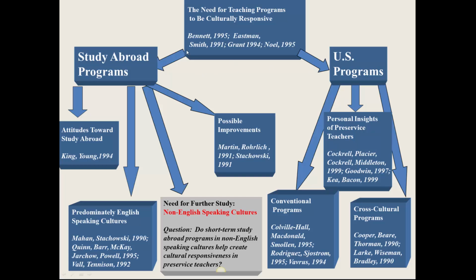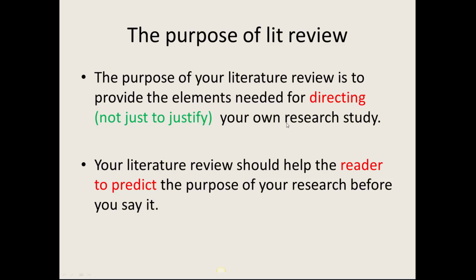These are the main categories, and each of these categories has further branches, and you organize it not in a visual picture like this, but in a format that explains how it originated and how it ended. And finally you end up with your current research, the present research, the research that you want to do, and you explain it at the end of your literature review.